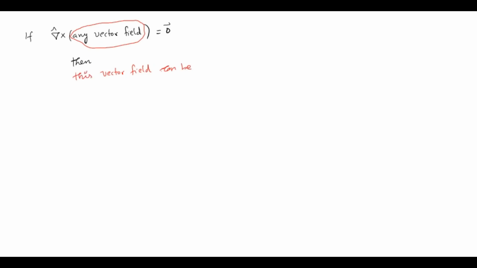Next one is, from vector analysis, we know that if the curl of any vector field is equal to the null vector, then that vector field can be derived from a single scalar valued field.